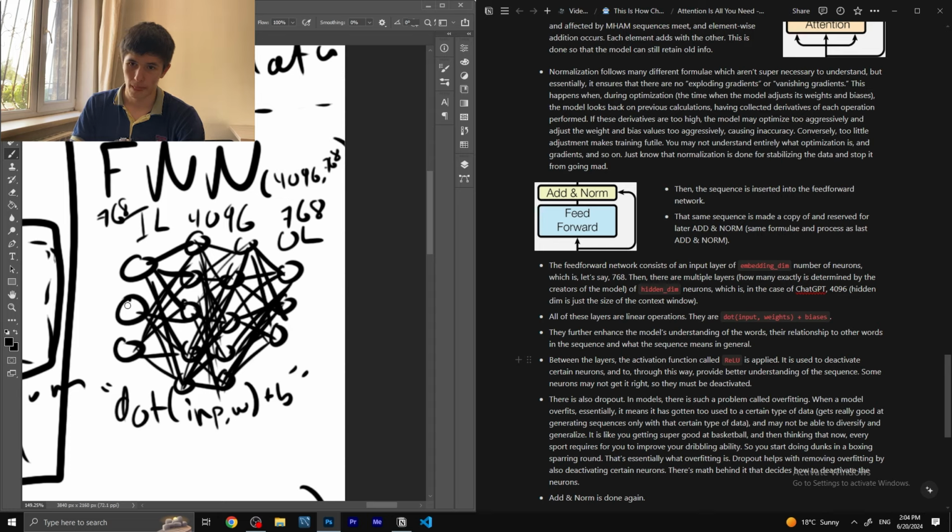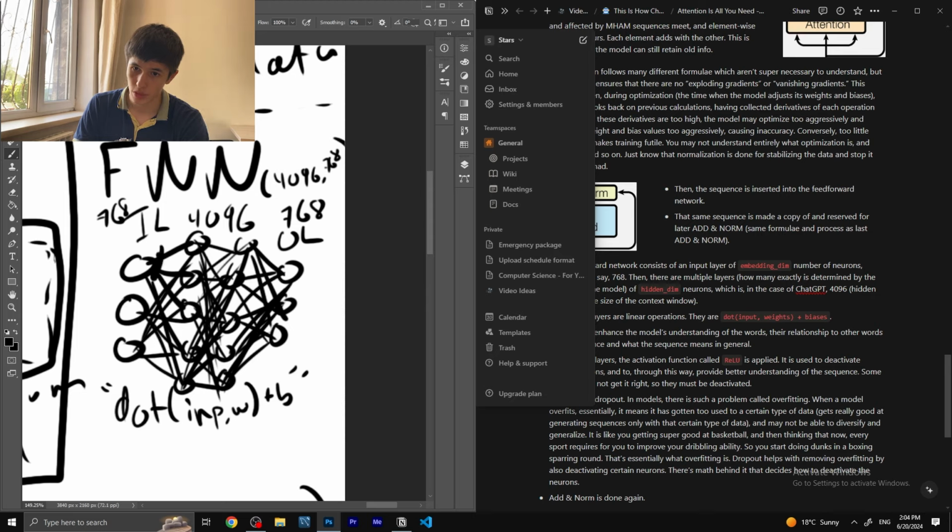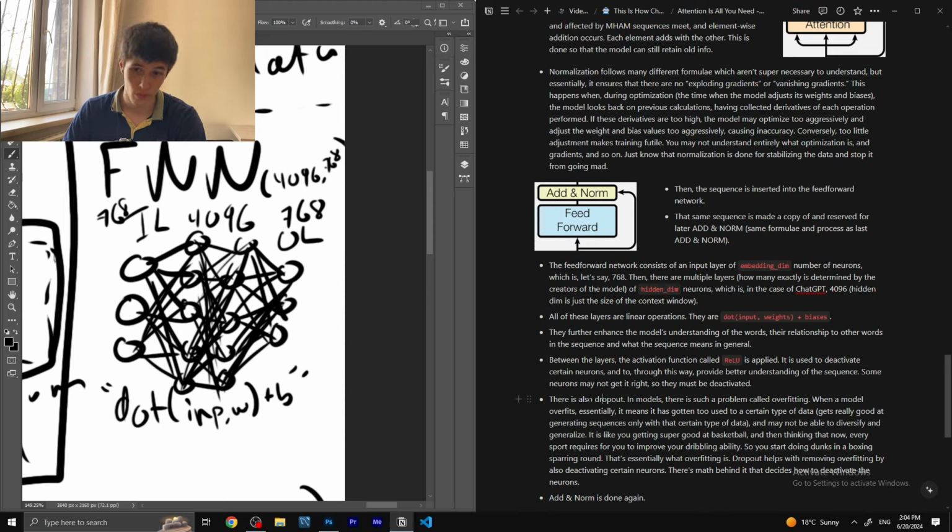Between each of these, the activation function called ReLU is applied. If you don't know how activation functions work, if I haven't broken them down before, they are essentially pre-processing the output data of the neuron, so that it can further deepen the understanding of the model, adding more complexity to the input sequence, rather than having something very linear.